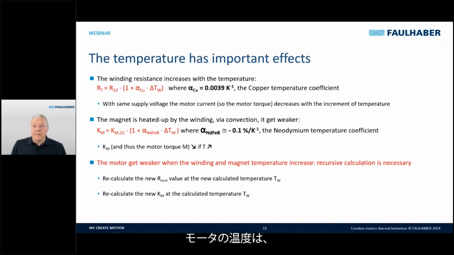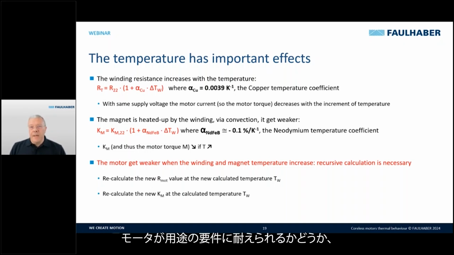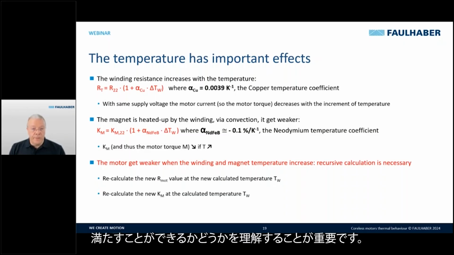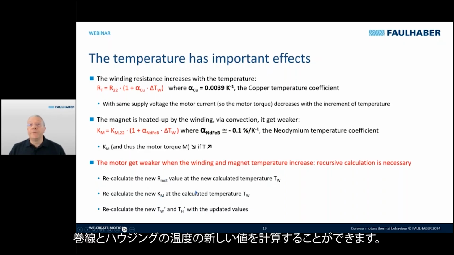Remember, it's not necessary to know exactly the motor temperature at the decimal point. It's important to understand if this motor can withstand the application requirements or not. So once we have a calculation of the new RMOT and the new Km, then we can calculate the new value of the winding and housing temperature, just for an estimation around this.